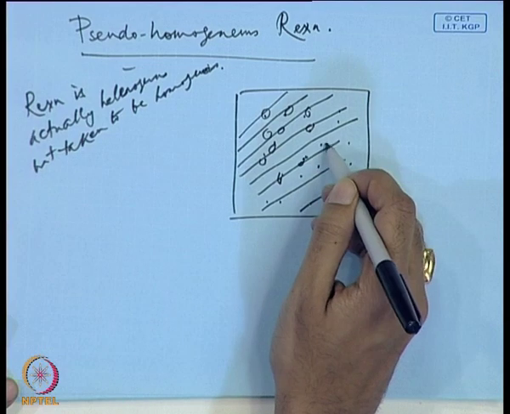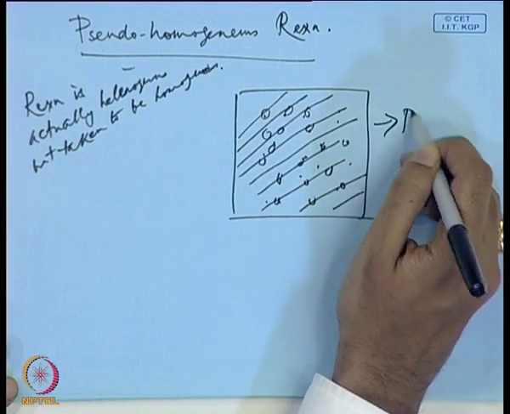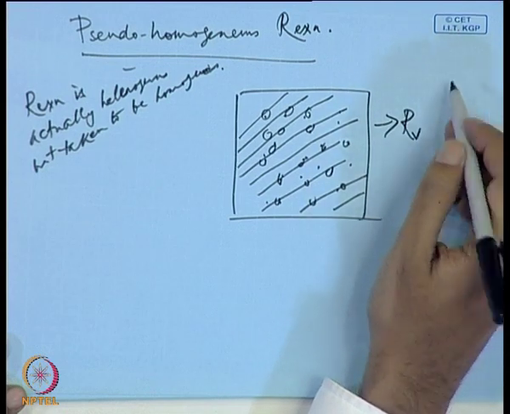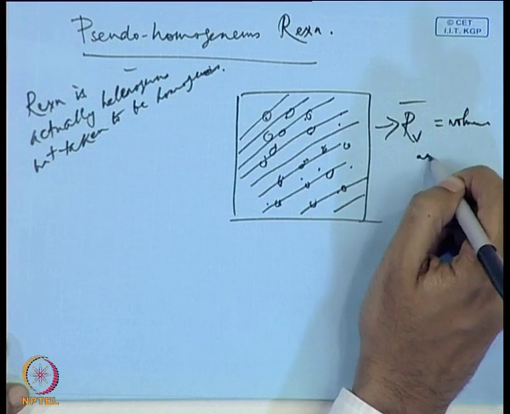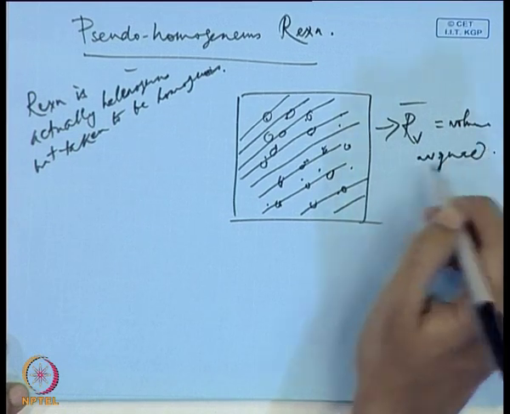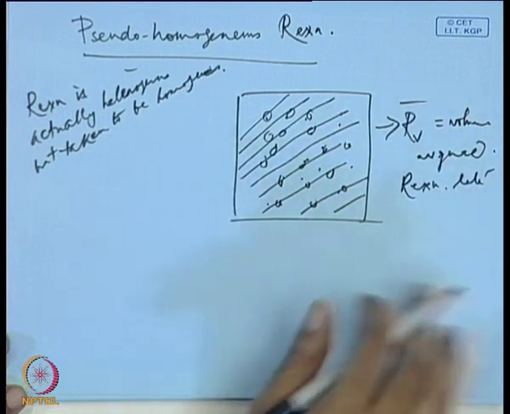Find out the total reaction rate divided by the volume, and you get the volume average reaction rate of the system. So, this is my RV. Typically, these are known as R V bar, the volume average reaction rate.